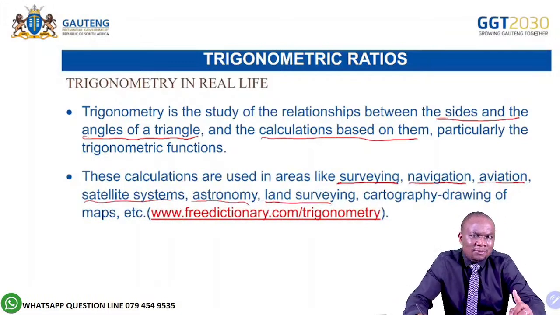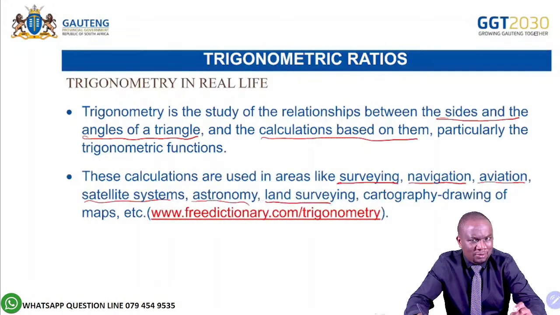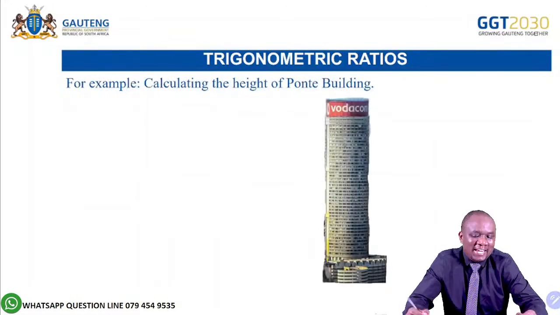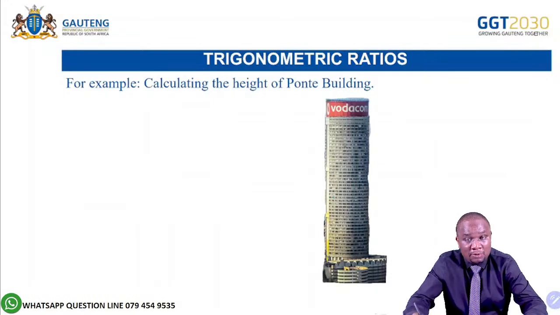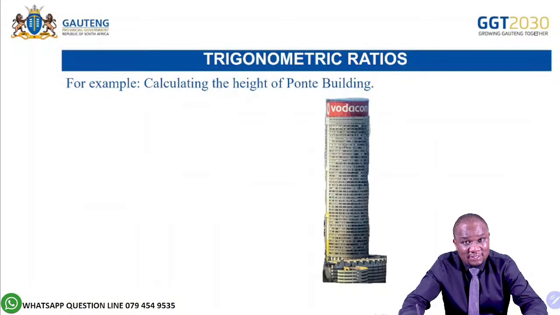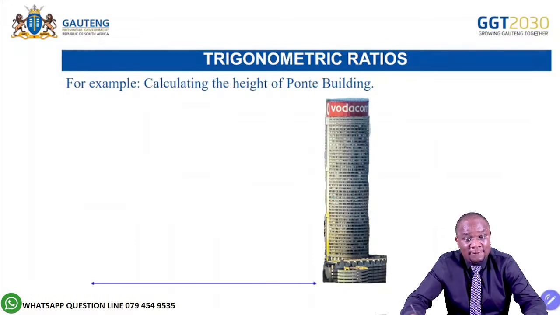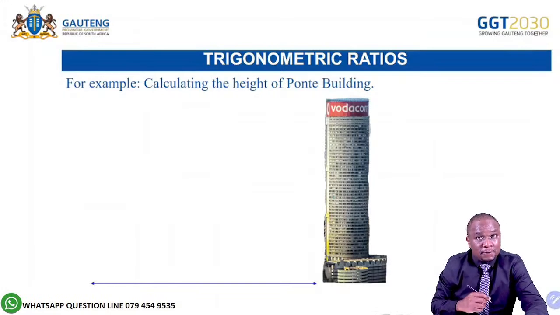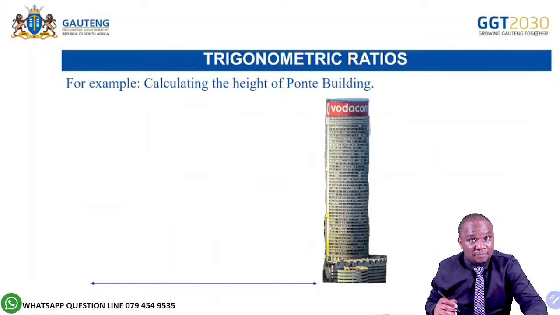Let me give you another good example of where we can use trigonometry, a very simple one. Let's say we want to find the height of this building. Are we going to get a tape measure and start climbing the building? It's going to be difficult. We can use trigonometry if we have the horizontal distance on the ground between the observer and the building.